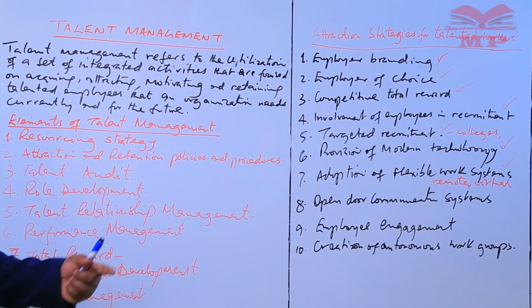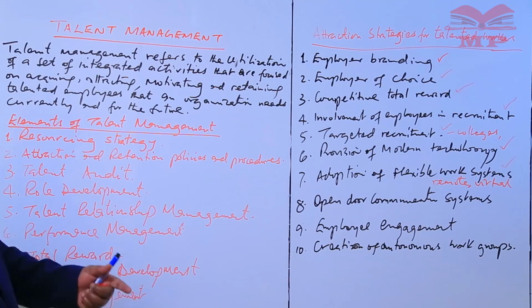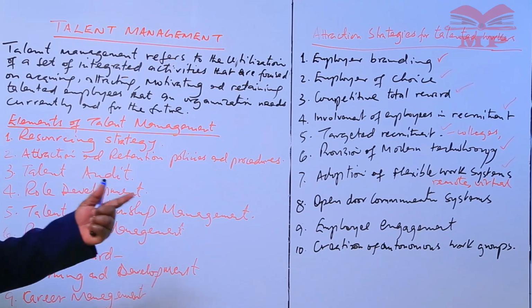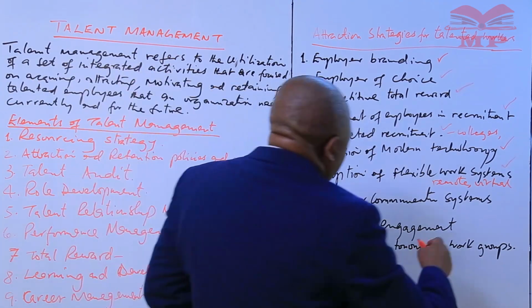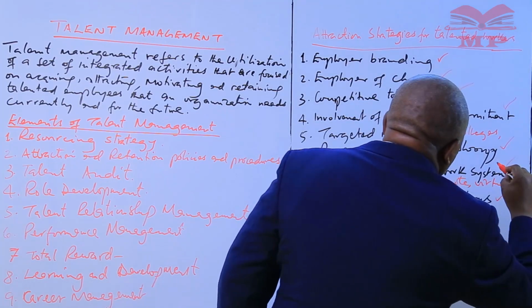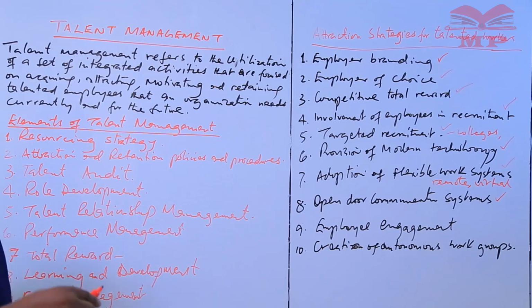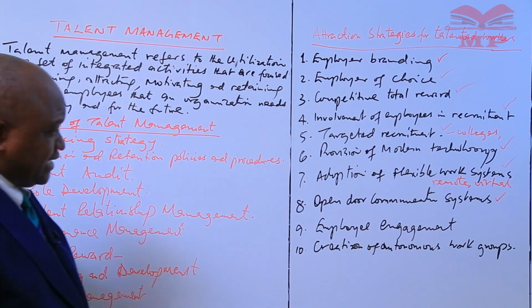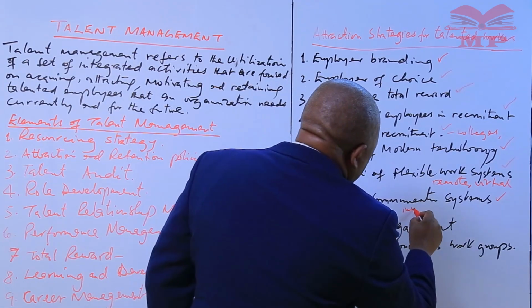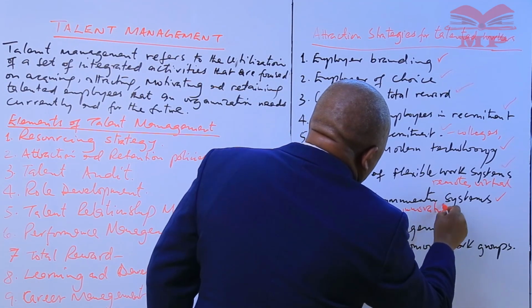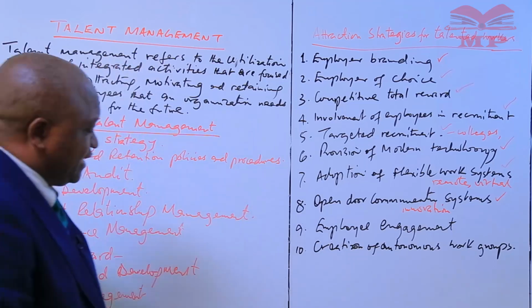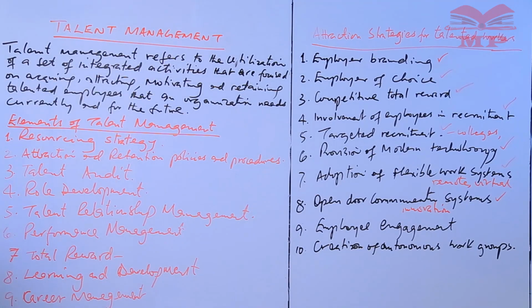So that again can be able to attract and retain talented employees using what we call an open door communication system. Two-way communication system, employers, employees, among employees. So open door communication system can bring in ideas, can also bring in innovation. So that is one way also of attracting and retaining high caliber employees.